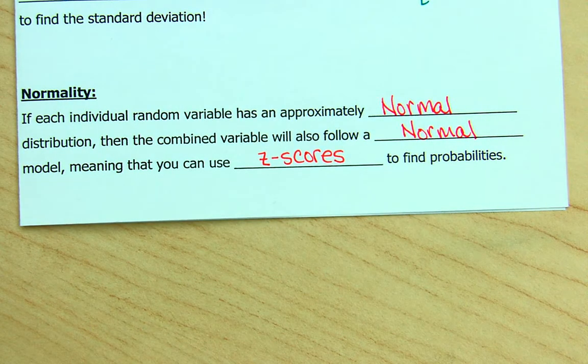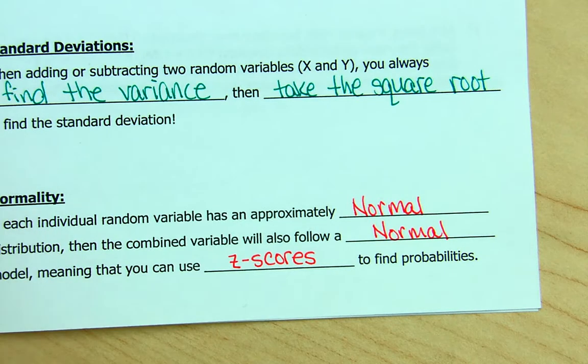So all of those things that we learned for normal models comes back into play here. You go to the front page, get those filled in. All right, let's look at some examples.